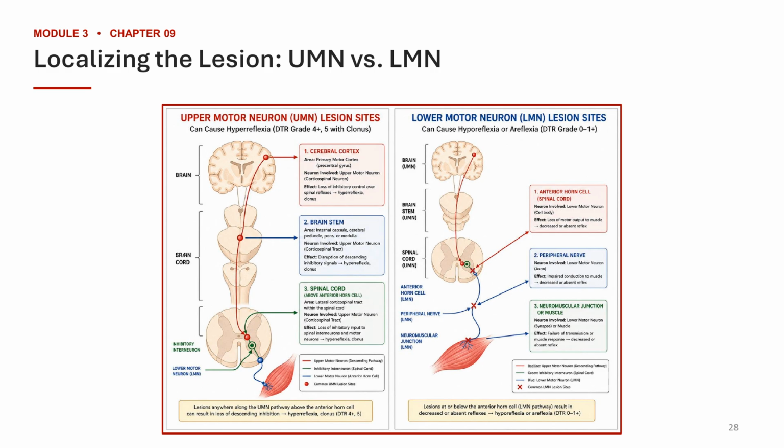A lesion anywhere along that descending pathway, brain, brainstem, or cord above the reflex level, produces upper motor neuron findings below it. The reflex arc itself lives at the spinal segment. A lesion at the anterior horn cell, the ventral root, the dorsal root, or the peripheral nerve breaks the arc at its level and produces lower motor neuron findings at that specific segment.